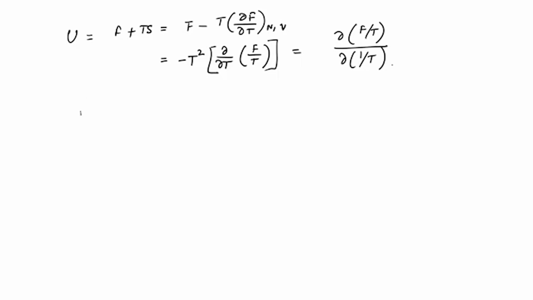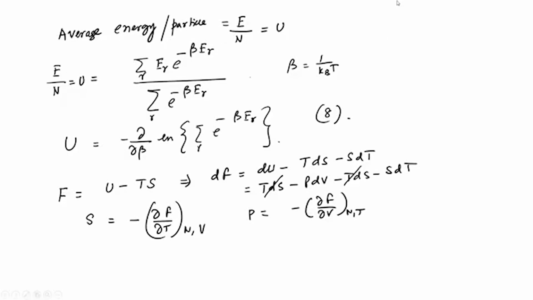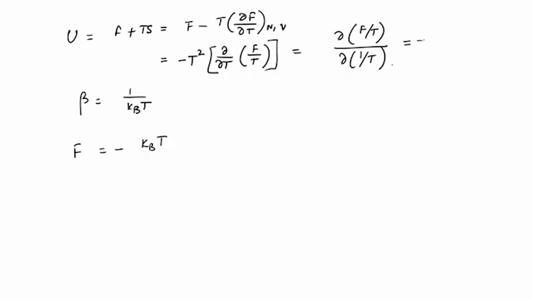Because beta equals 1 over kT, F comes out to be equal to minus kT times this expression that we have written earlier in equation 8, minus del by del beta of log of the sum over R of e to the power minus beta ER.